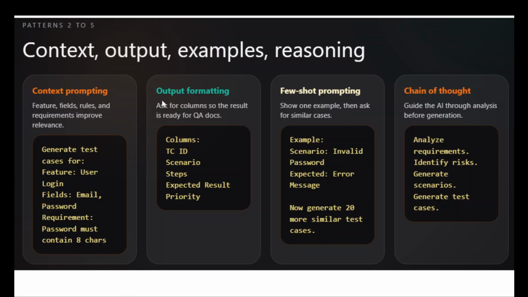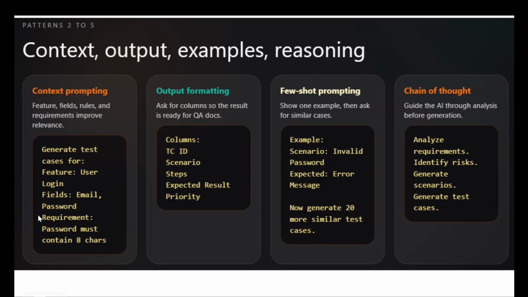Also, we can provide context, output examples, and reasoning. As I said earlier, we can provide additional context. For example, when generating test cases for feature details, such as user login, what fields will be there, email, password, or any additional rules, for example, the password needs to be 8 characters.